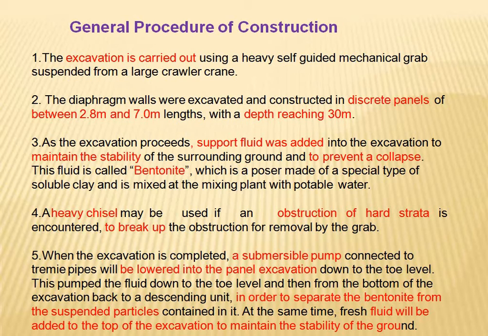After excavation and inserting the bentonite fluid, we use submersible pumps connected to tremie pipes, and these tremie pipes are lowered into the excavation panel. We pump out the bentonite fluid and insert the concrete on the other side. This is the procedure for the construction of the diaphragm wall.